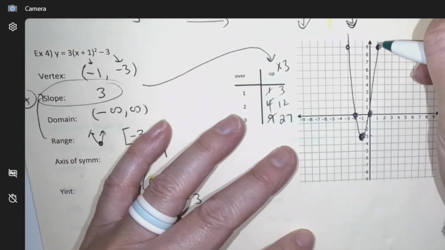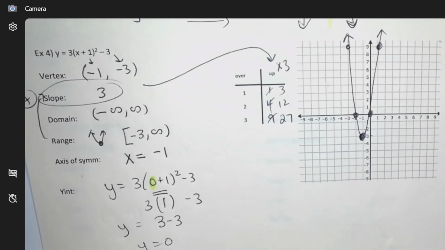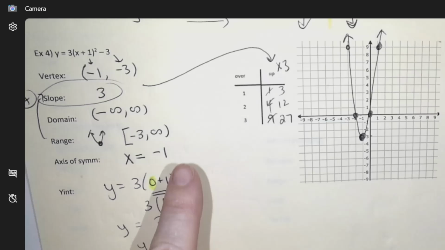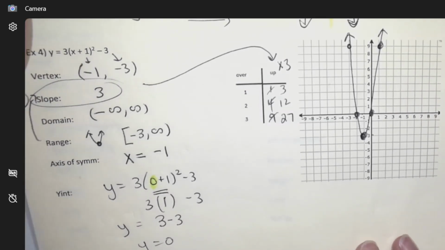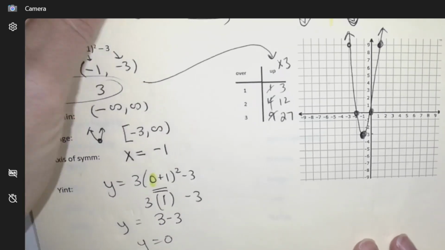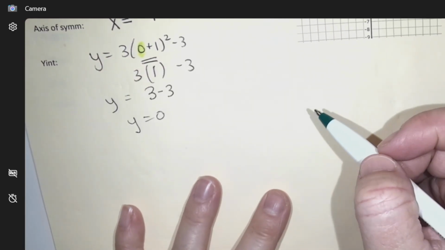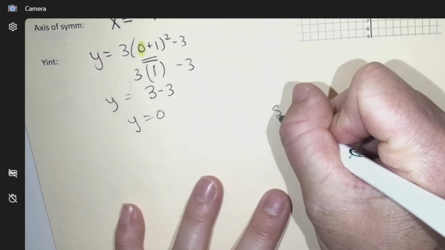Is your shape looking really skinny? Because it really narrows out, right? The bigger the number, so if you make this number bigger and bigger, you're going to get narrower and narrower. Okay, so you should ask yourself this when you're doing your homework, because you're probably not drawing every one. You should say, what's my slope?